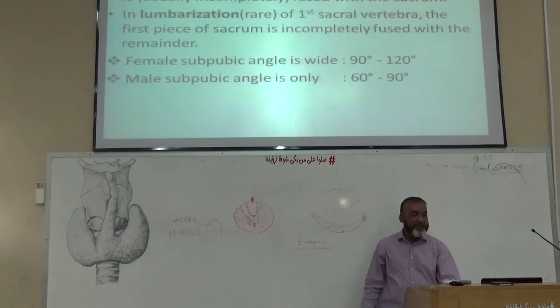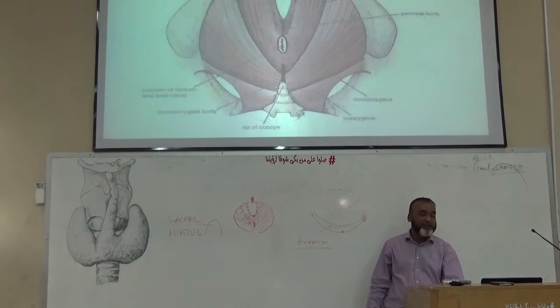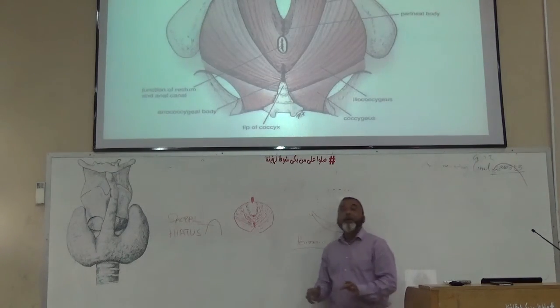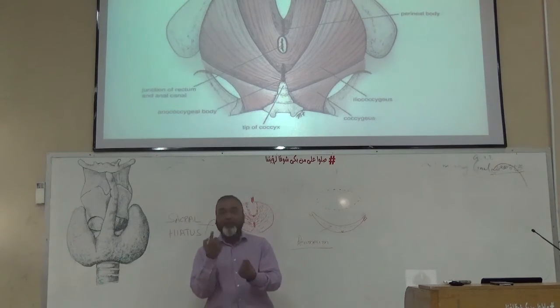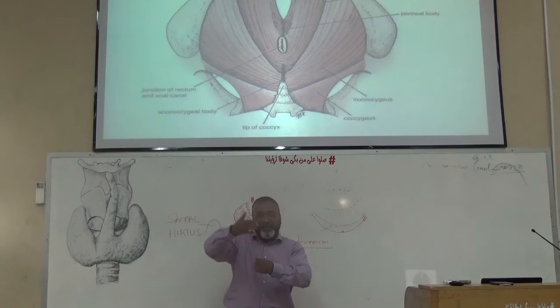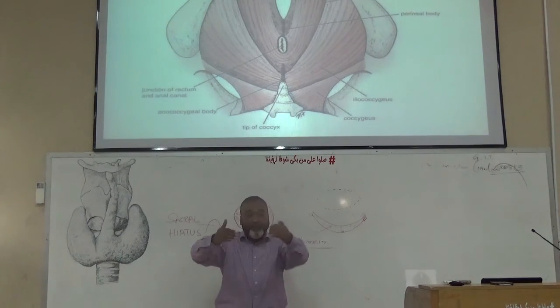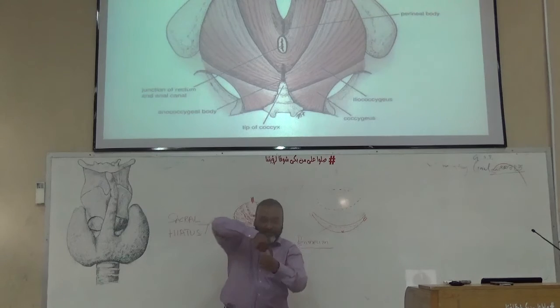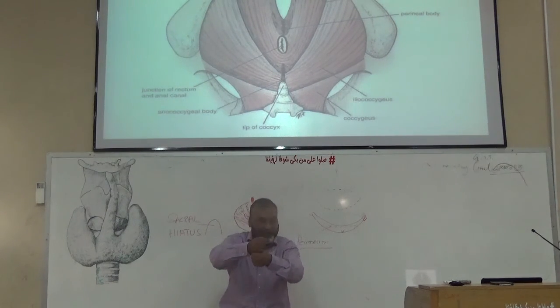And the second type, the middle fibers, are named as puborectalis. Behind the perineal body we have the opening of the anal canal. The fibers which are coming from the pelvic bone surround the junction of the rectum with the anal canal to act as a sphincter.